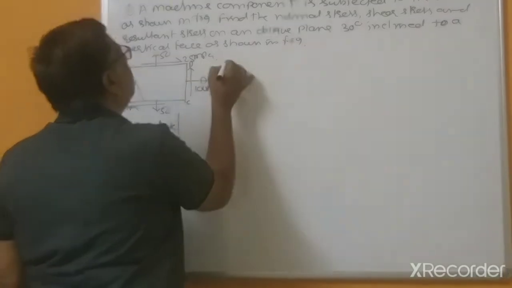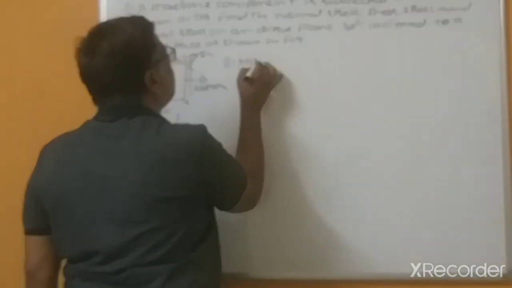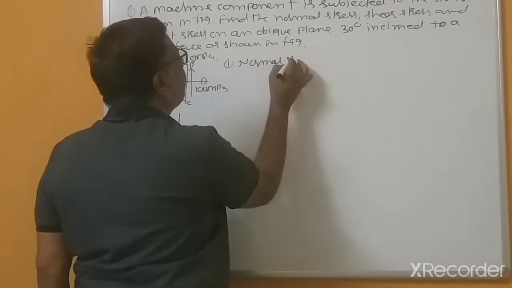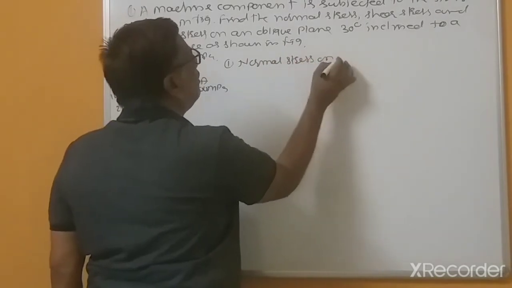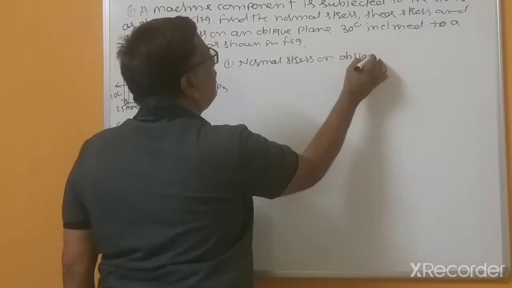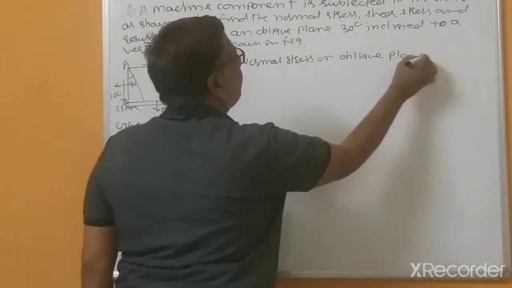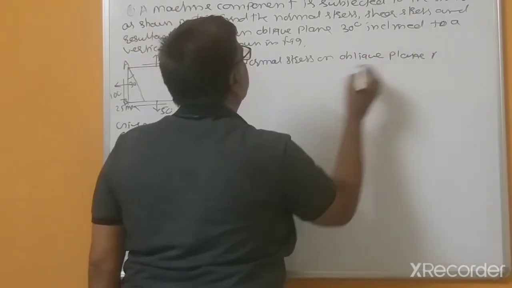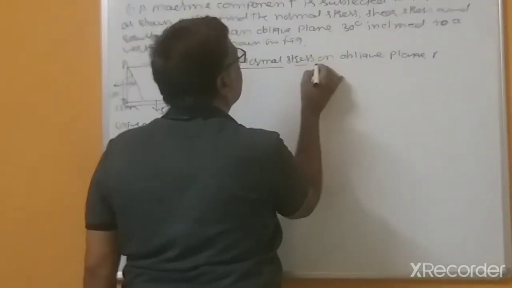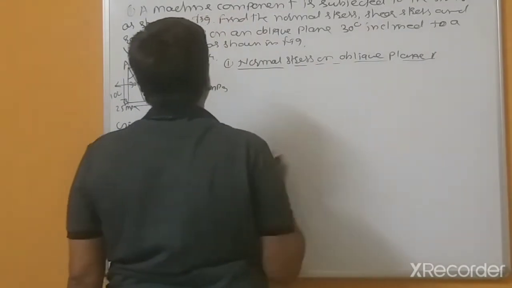Now first is the normal stress on oblique plane. So this is 30 degree.